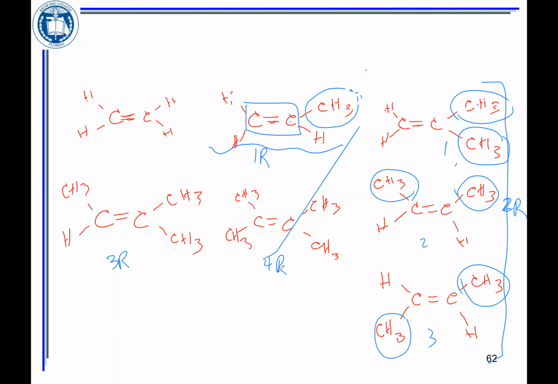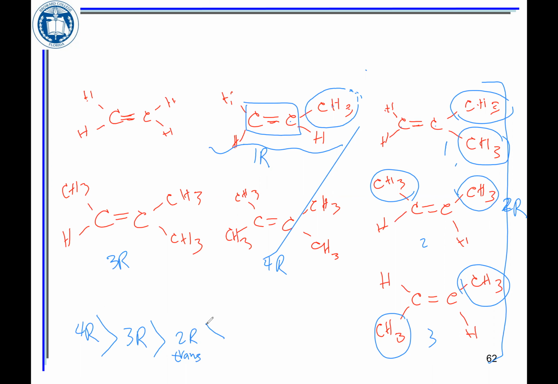Now, based on the experimental value, because they always use experimental values to determine, like, the heat of hydrogenation or other experimental values, it has been found that the 4R alkene is more stable than the 3R. The 3R is more stable than the 2R trans.